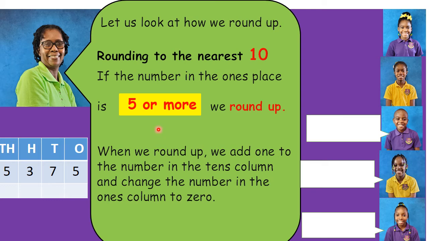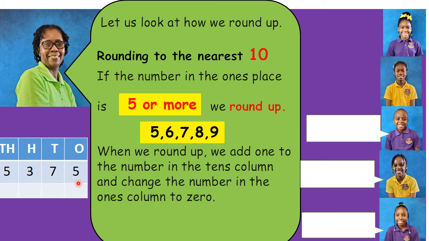That means the number is going to get bigger. All right. Now these are the numbers that represent 5 or more. 5, 6, 7, 8, 9. So let's go back to our ones column. And what do we see? We see a 5. So because it is a 5, we are going to round up.